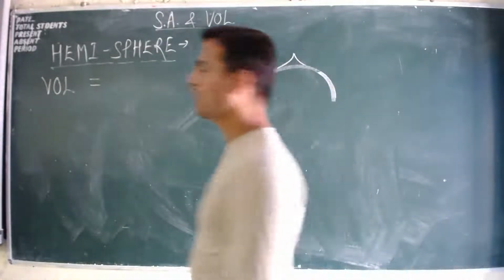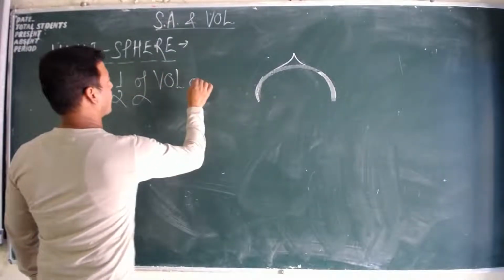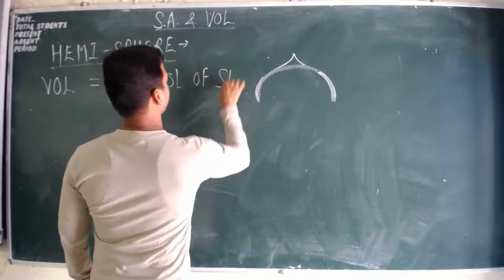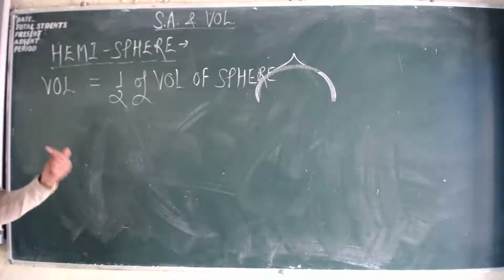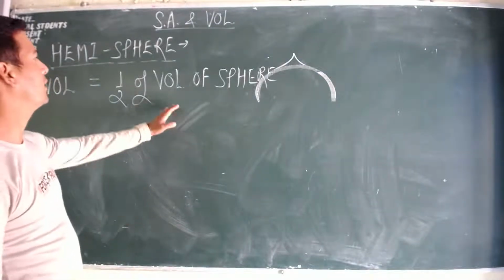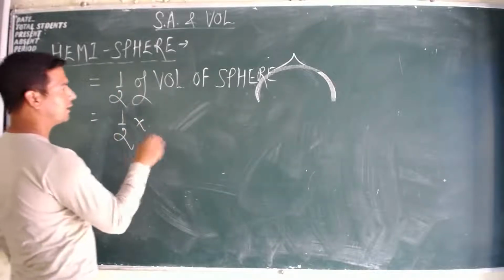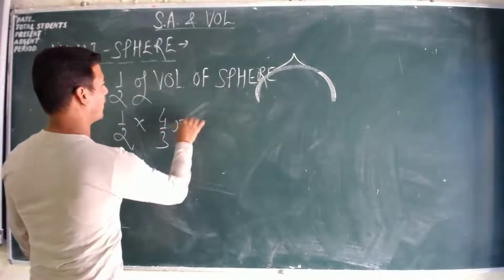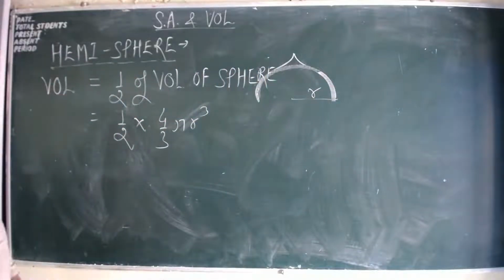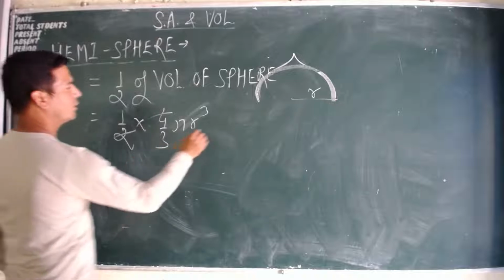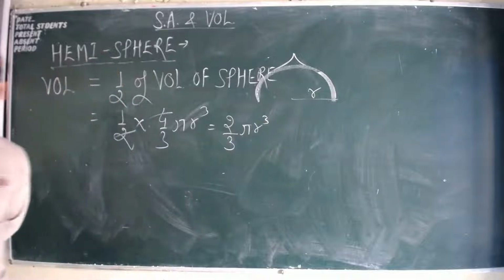So the volume of sphere is 4 by 3 pi r cube, where r is the radius of the hemisphere. Half of it: 2 cancels 4, you'll get 2 by 3 pi r cube.